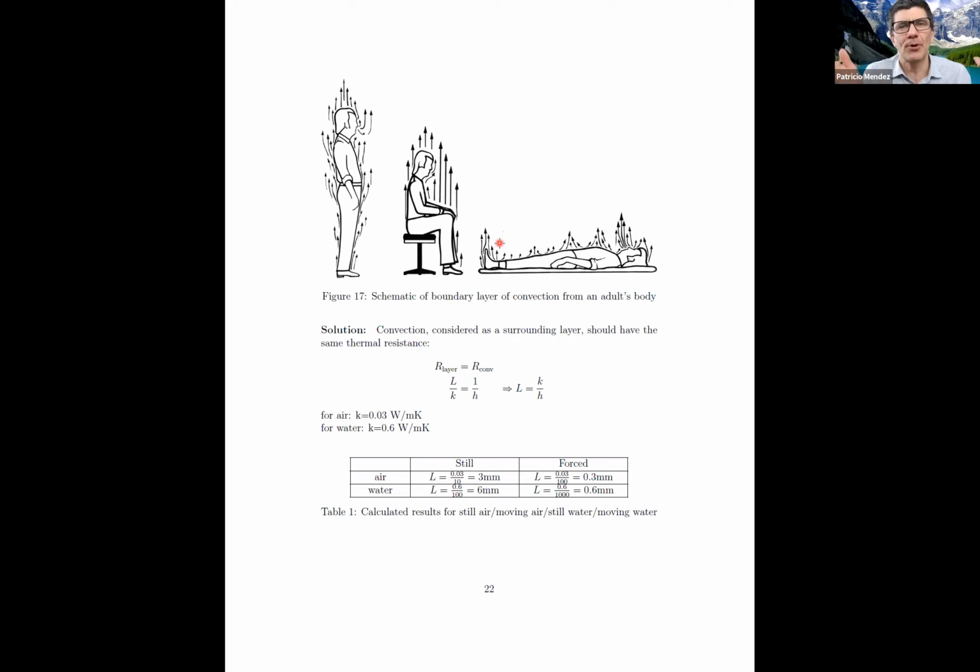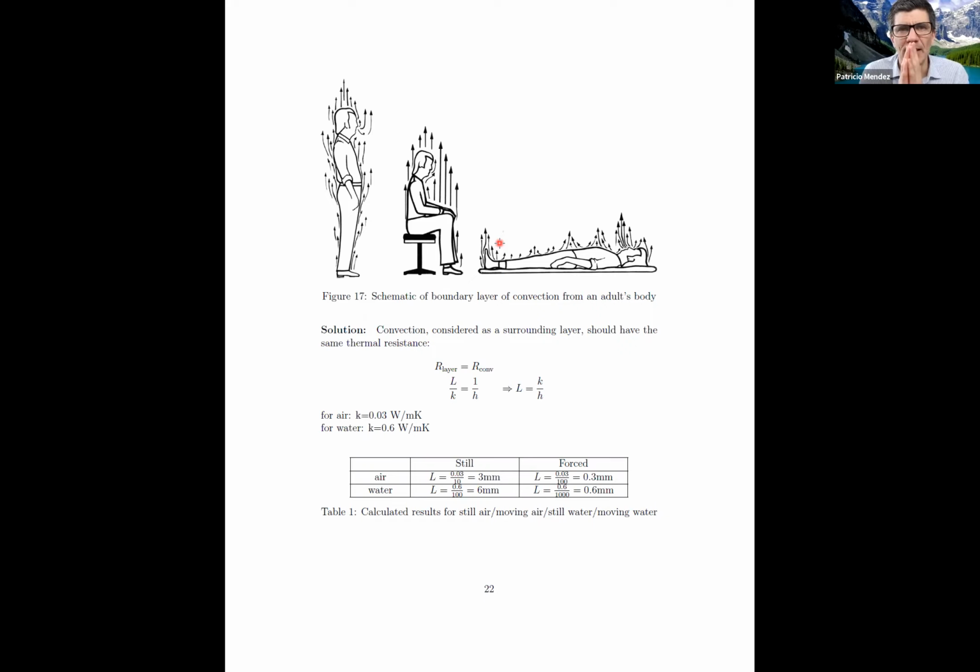If we see heat per unit area, heat flux, it would have a thermal resistance that is given by 1 over h. That's the thermal resistance of convection, 1 over h. And we know that ballpark for natural convection in air, 1 over h is 10, and for forced convection in air is more or less 100. So we know that about h, and we know that the thermal resistance of convection is 1 over h.